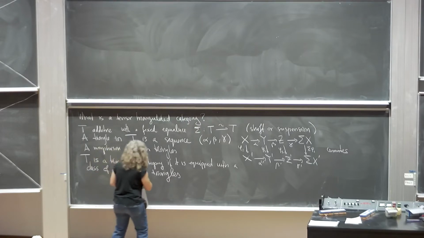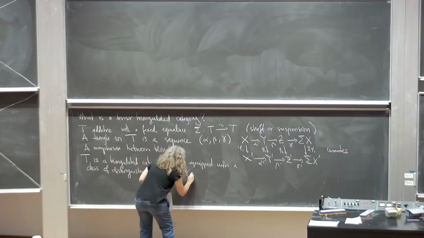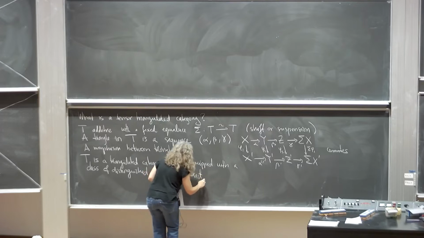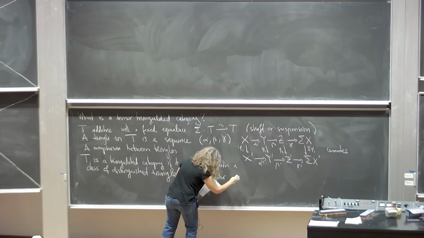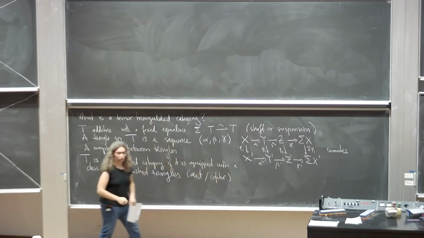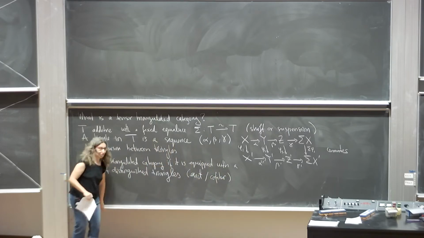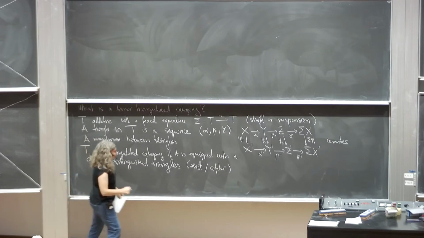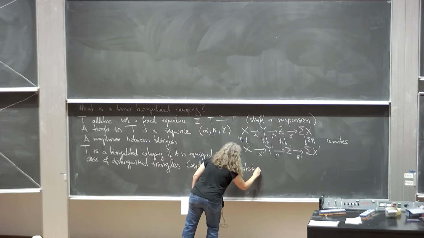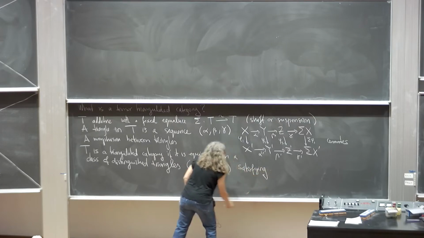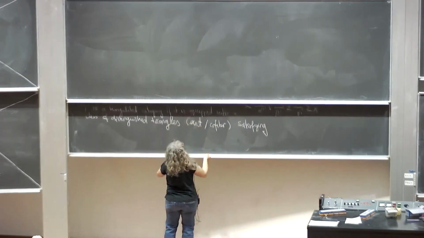These distinguished triangles will be called exact triangles or just cofiber sequences. That's the terminology that we will use for these exact triangles. And they satisfy some conditions, which let me tell you.